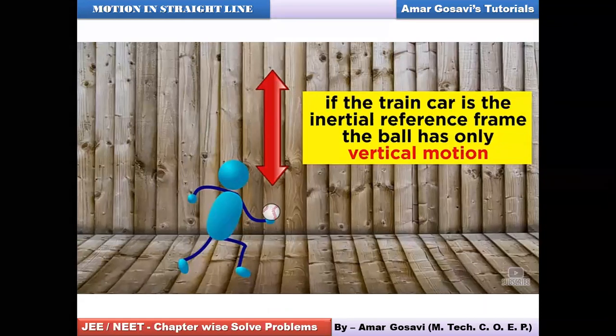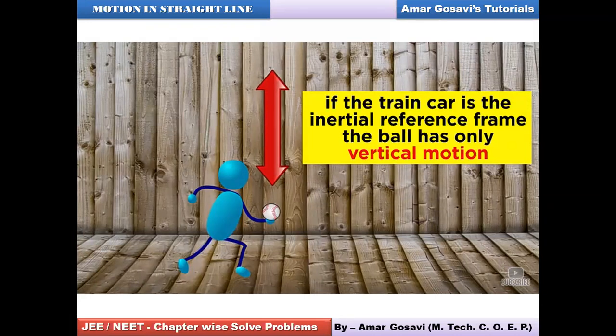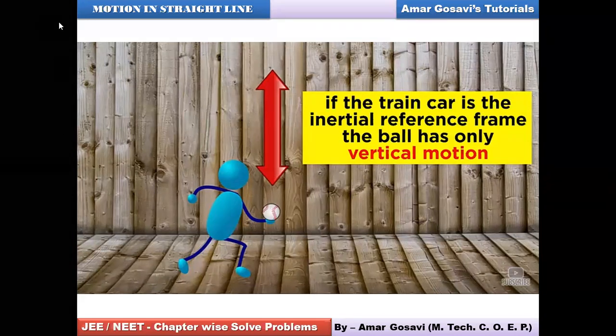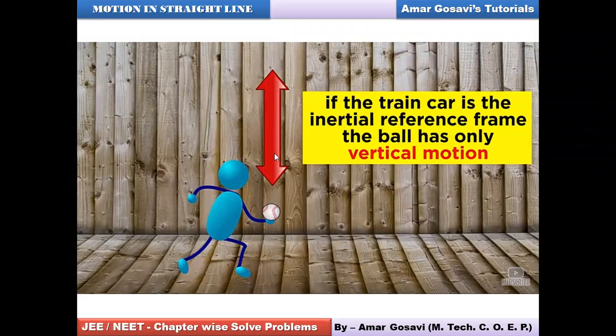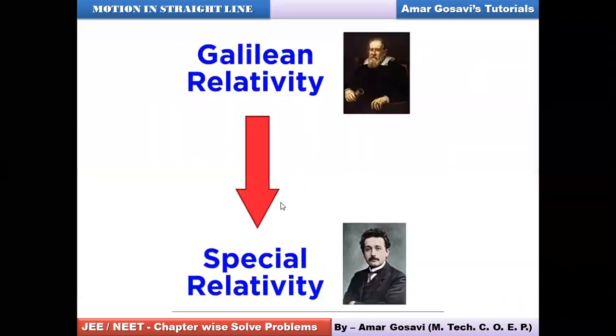Here you can see, if the train car is in an inertial frame, the ball has only vertical motion. The person in the train will analyze the motion of the ball only in the vertical direction. But if the person was on the ground, obviously I told you how the motion would look.